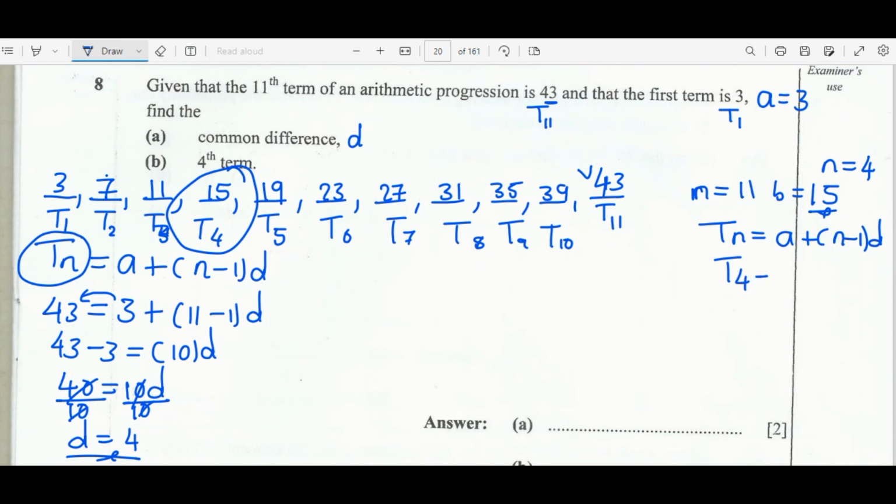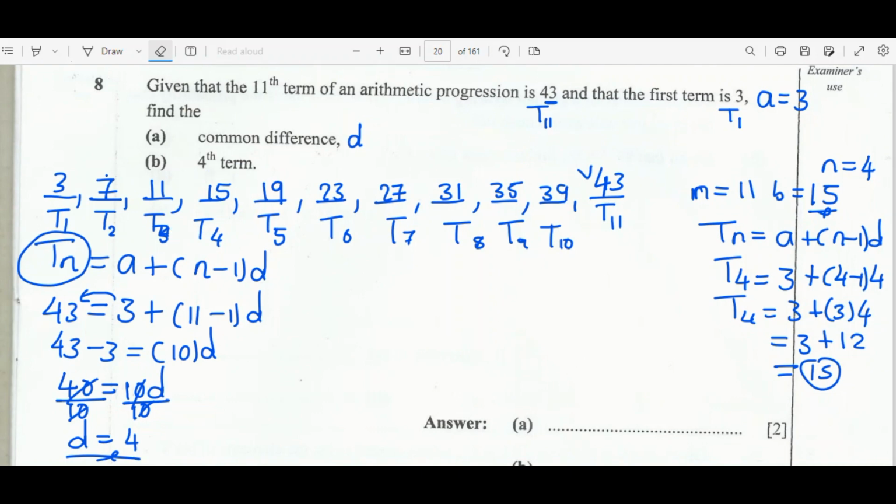So t of 4 is equal to a, which still remains the first number, 3, plus 4 minus 1 times 4. 4 minus 1 will give us 3 times 4. If you multiply 3 by 4, you get 12. Then the sum of the two numbers is 15. So we are still getting the same number, 15.